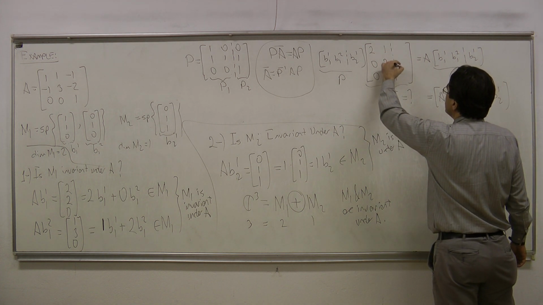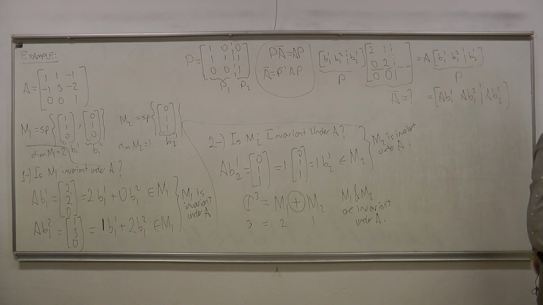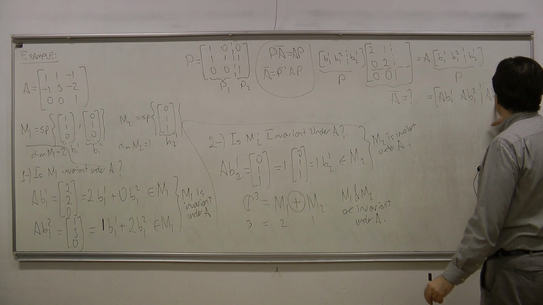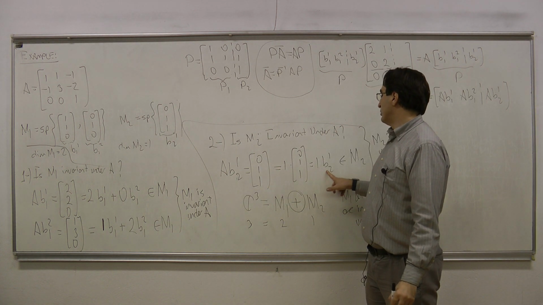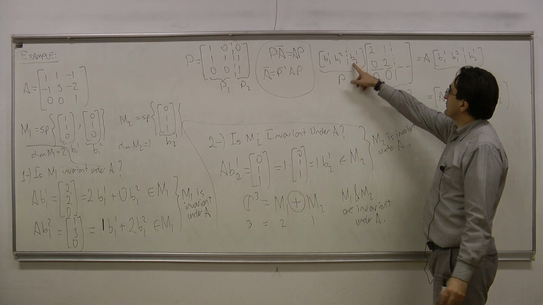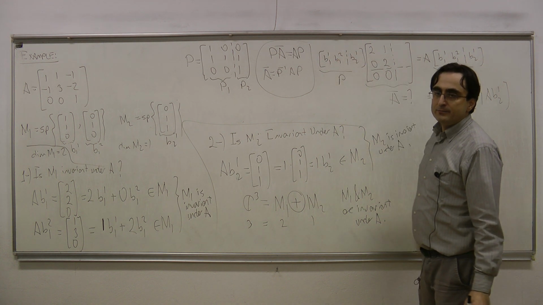So this is my first 2 by 2 block. And what about the 1 by 1 block at the end? A times B21 is already equal to B21. As a result, it is inside M2, and the coefficients should be 0, 0, 1.